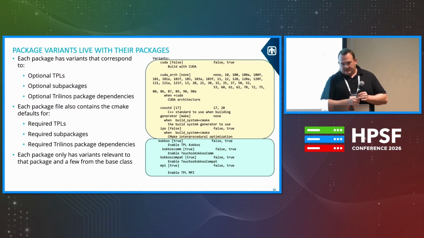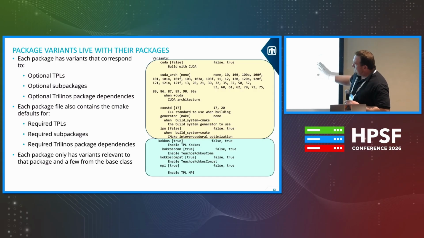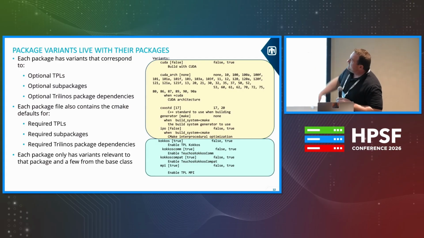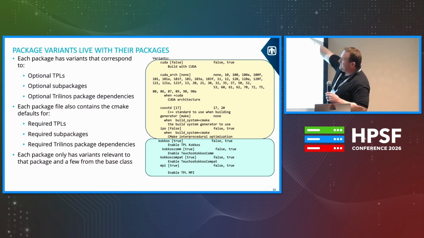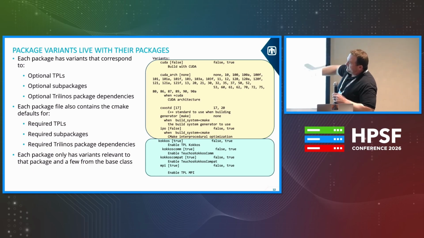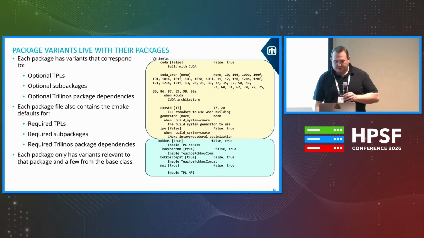So package variants live with their packages. This is a snippet of a spack info. You can see there's a bunch of options here. This is from the base class, and this is from whichever package we were looking at.